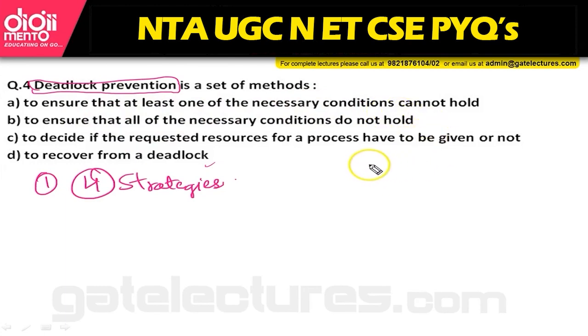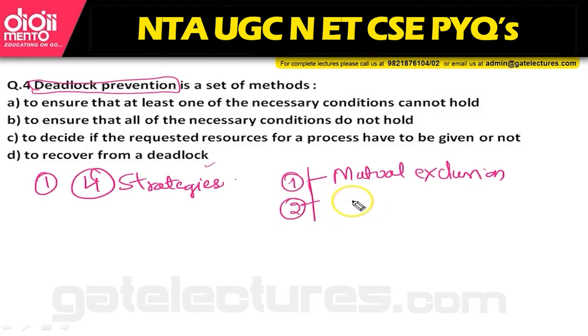First let's see what the necessary conditions are for the deadlock to hold. The first condition is mutual exclusion. The next necessary condition is hold and wait.